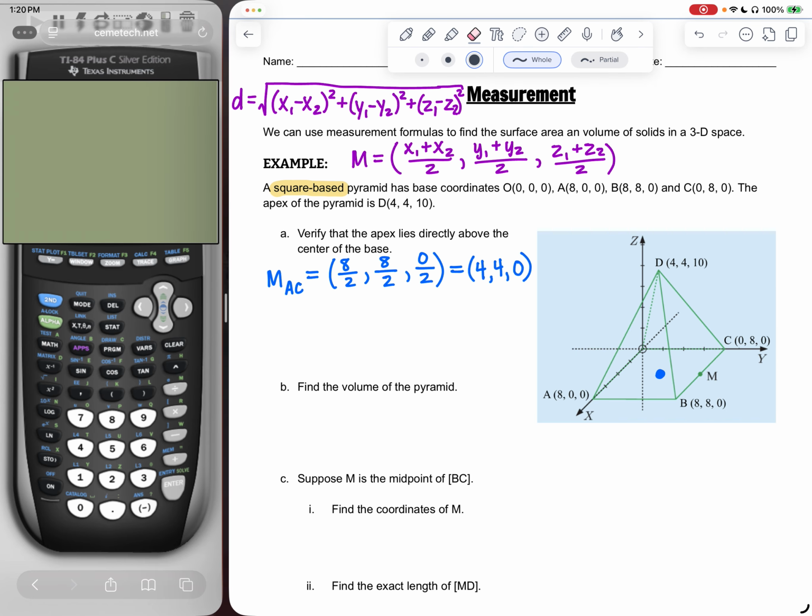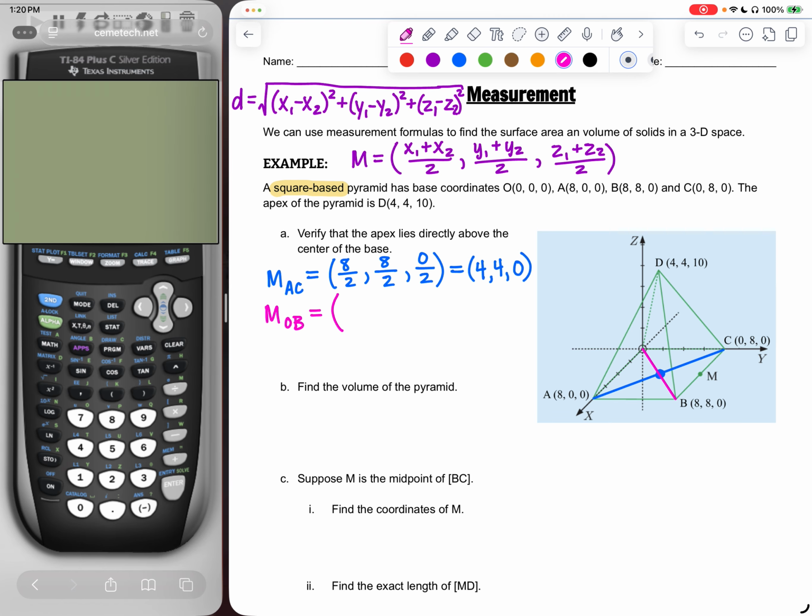Okay. So the next part that I want to look at is the other diagonal, to see if I get the same point. My other diagonal is occurring between the origin and point B. So that's OB. When I find the midpoint between O and B, I'm going to do the same thing, except I'm dealing with 0, 0, 0 and 8, 8, 0.